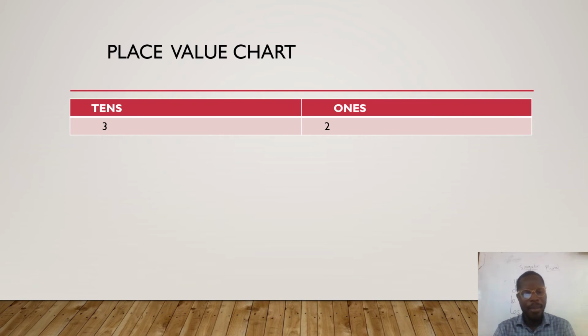Then the one at my left hand side is what? Tens. So 3 is under tens and 2 is under what? Ones. So you should be able to use a place value chart to insert 2 digits under tens and ones. Always the one at your right hand side is under the ones and the one at your left hand side is under the tens.